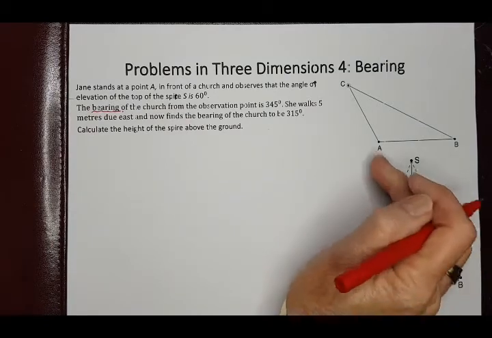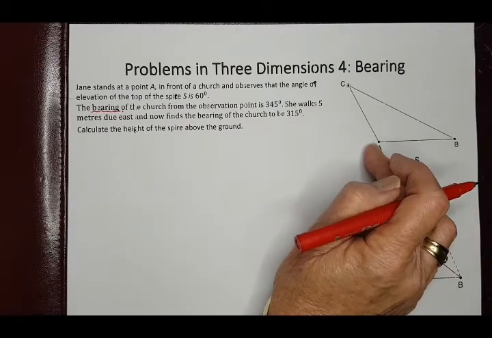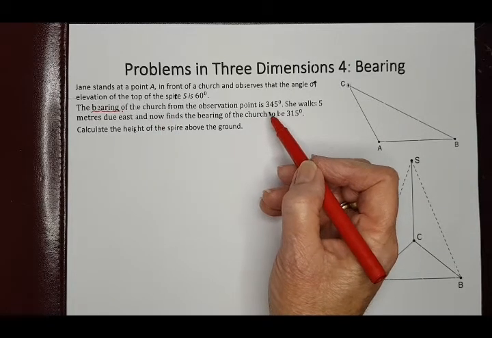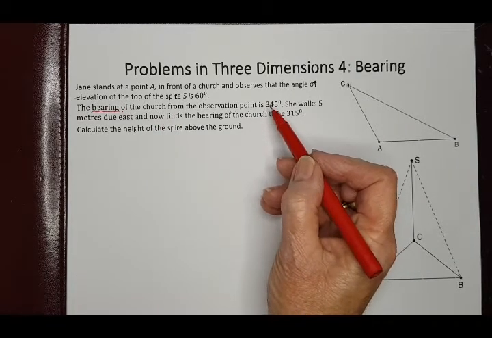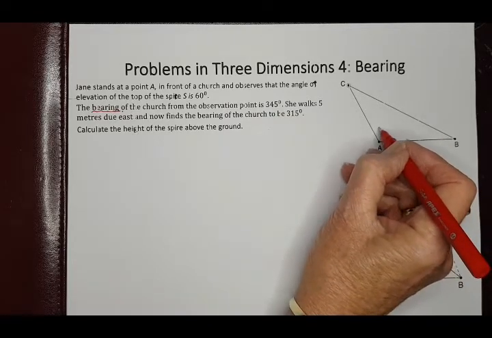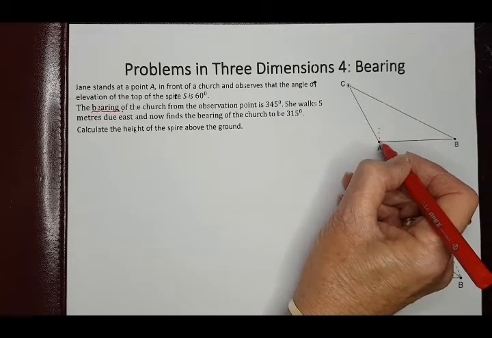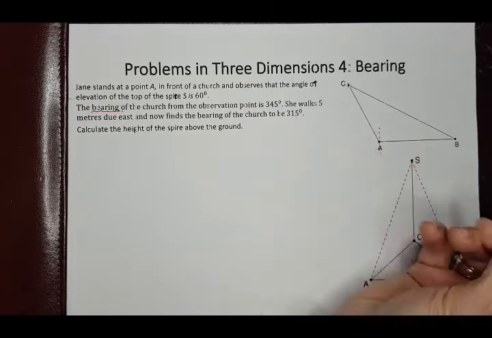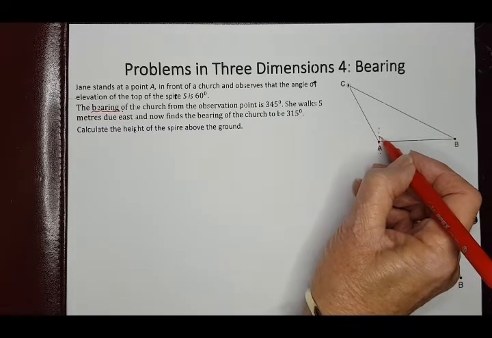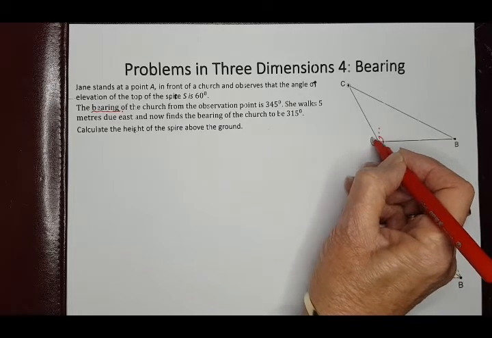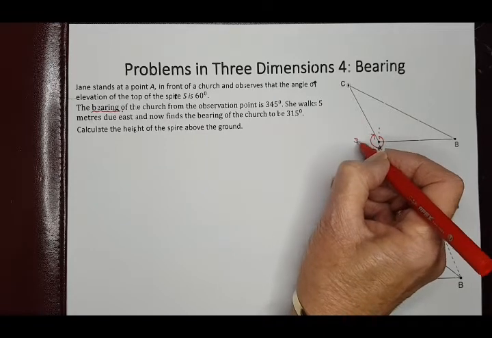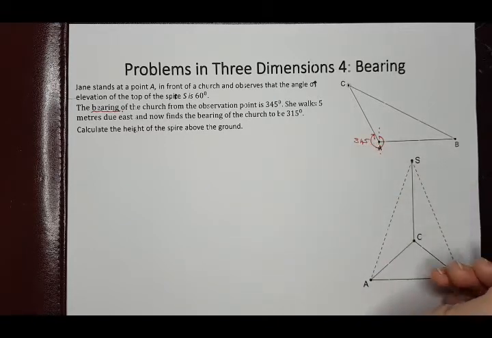The observation point, this is where she is. The bearing of the church from the observation point is 345 degrees. Now remember, bearing is measured from that north-south line. So if we have a bearing of 345 degrees, we are saying that that angle there is 345.